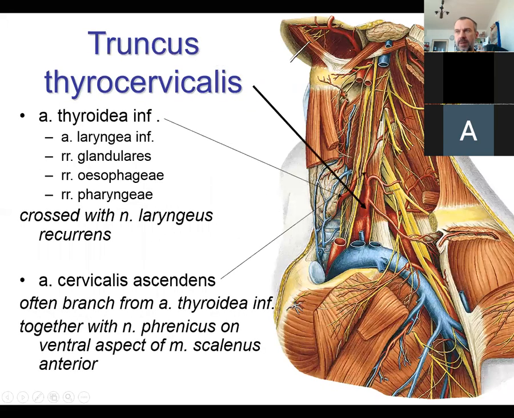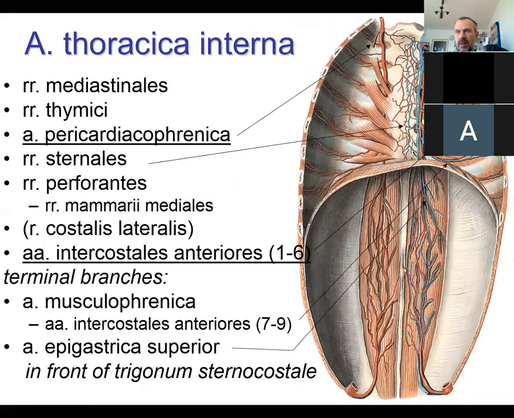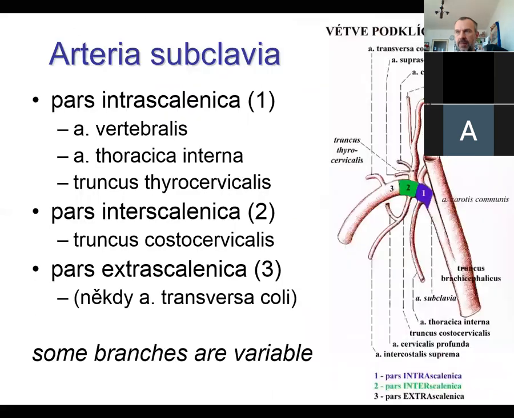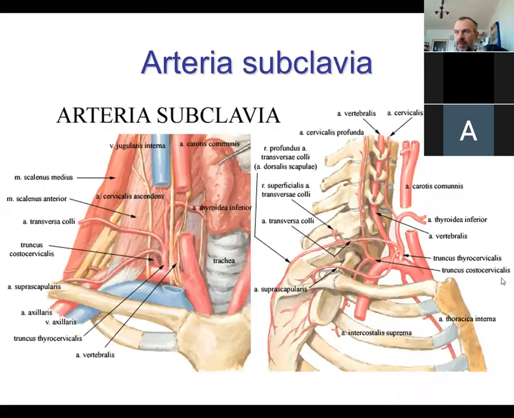Yeah, I'll just go back to the extrascalenic part. As we can see, for example, here, the extrascalenic part. And sometimes you find in books that from the extrascalenic part, the deep branch of the transverse cervical, or as we call it also, the dorsal scapular artery, is drawn.